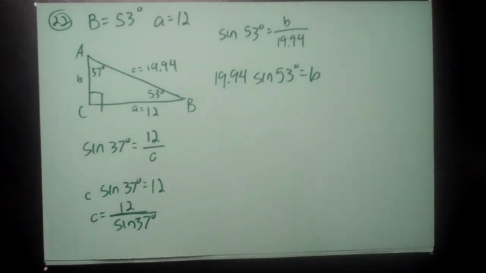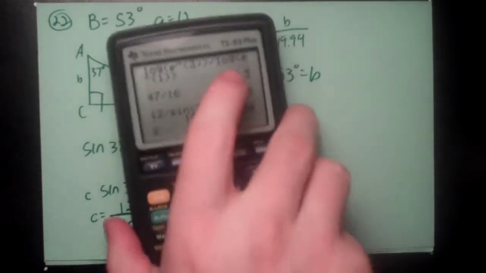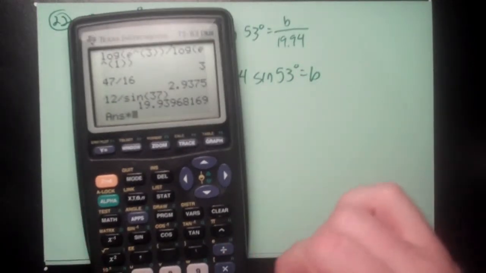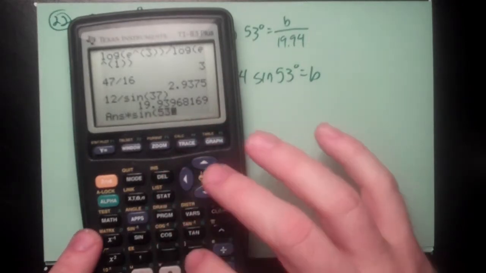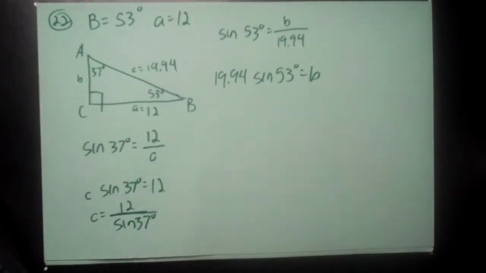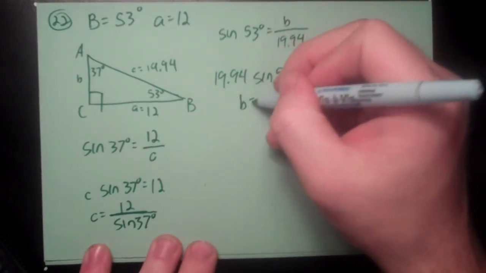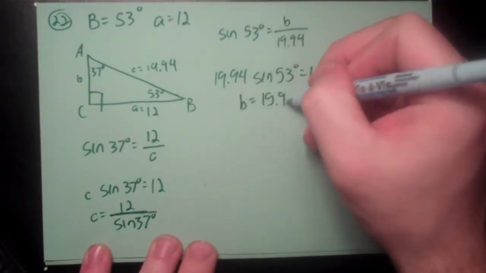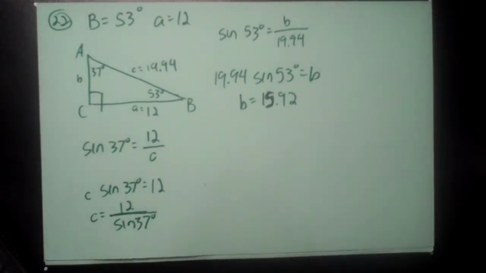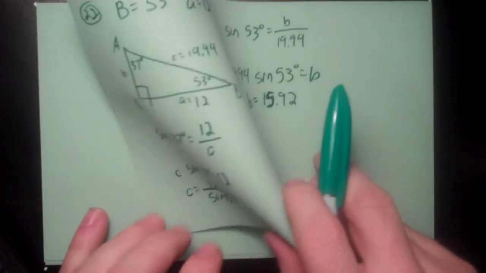And we'll just go ahead and use this from the previous problem. Multiply it by the sine of 53. Gives us a nice exact answer, 15.92 for that side.